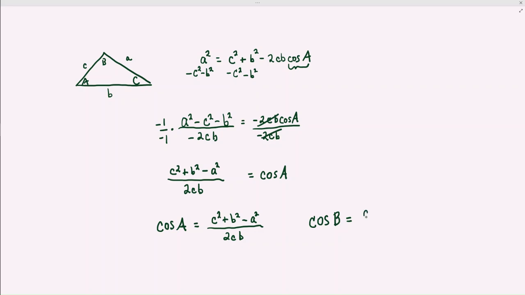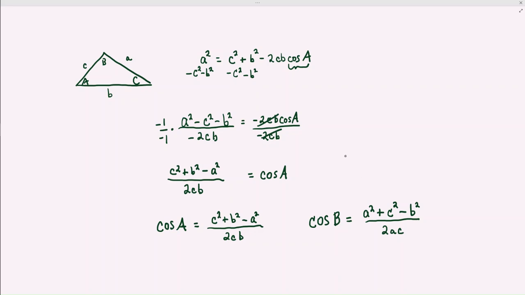So I could write this as a squared plus c squared minus b squared, because that's the angle, over 2 times a and c.